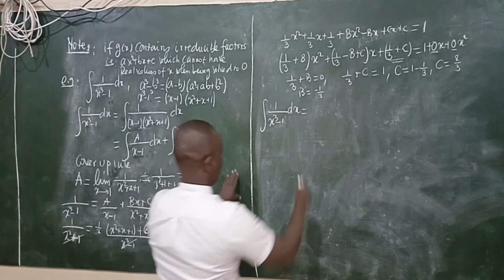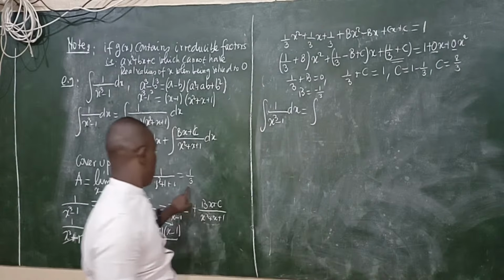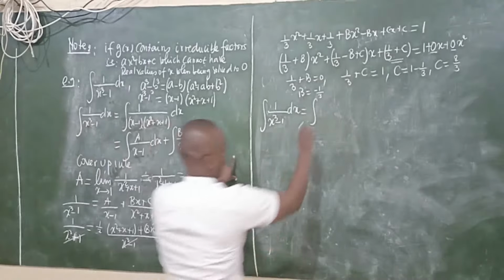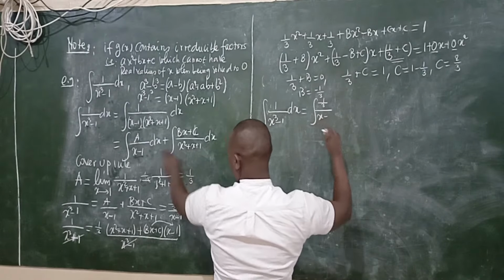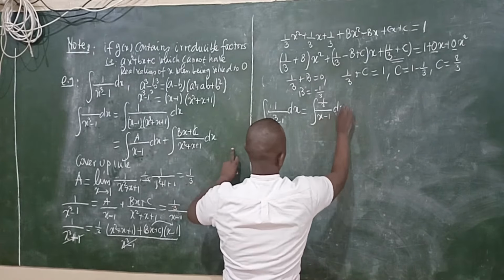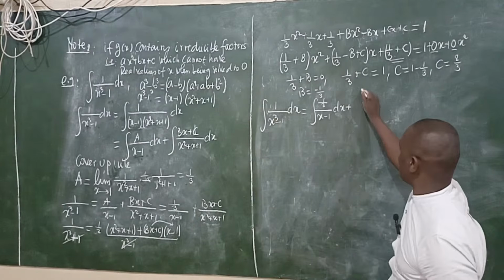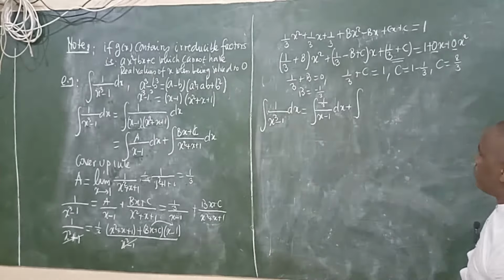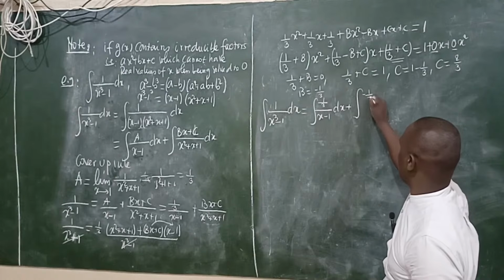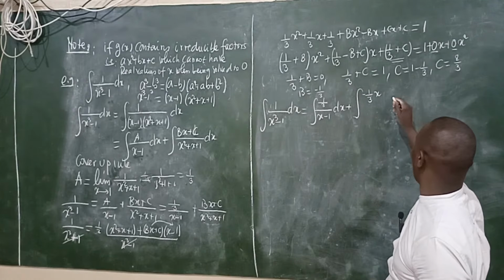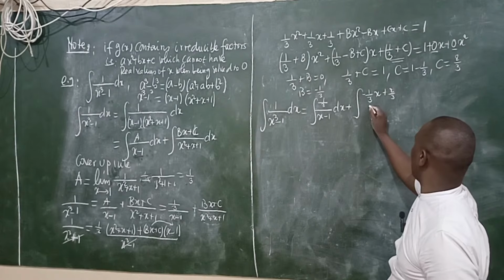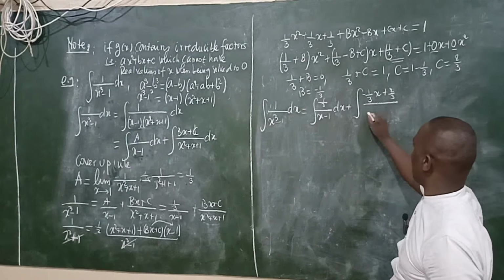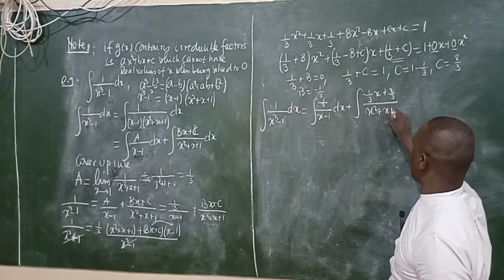This is going to be the integral. Our a value is 1 over 3, that's why I'm going to have 1 over 3 divided by x minus 1 here, dx, plus the integral. Our b value is minus 1 over 3 times x, while our c value is 2 over 3, divided by x square plus x plus 1 dx.